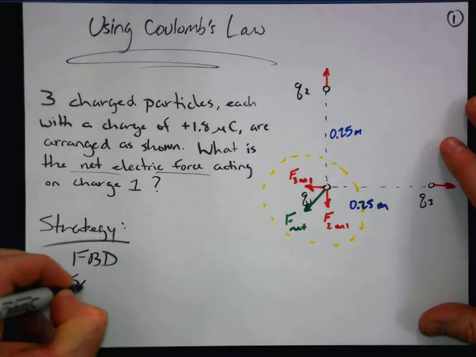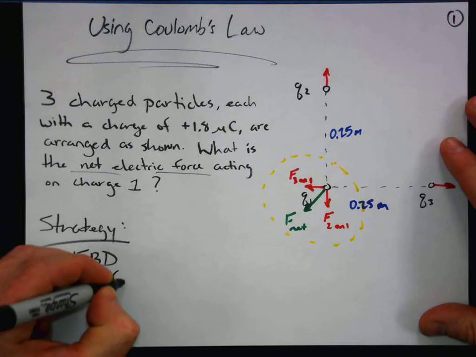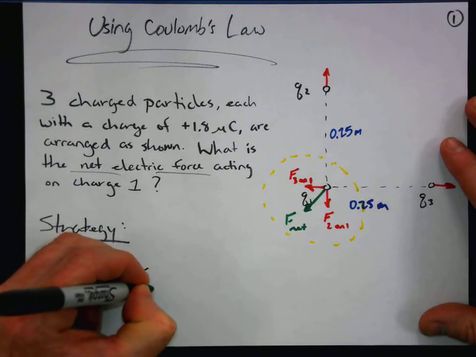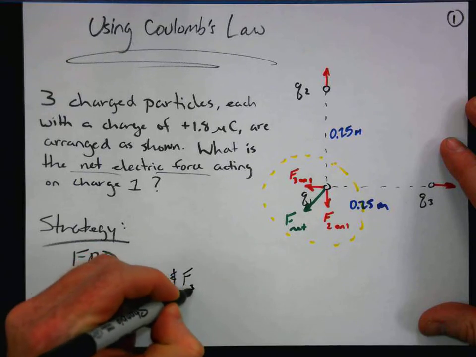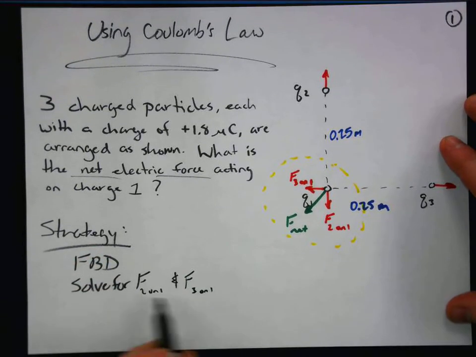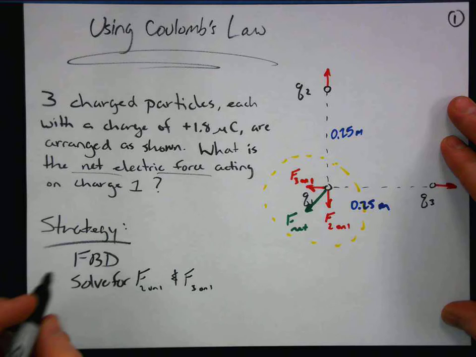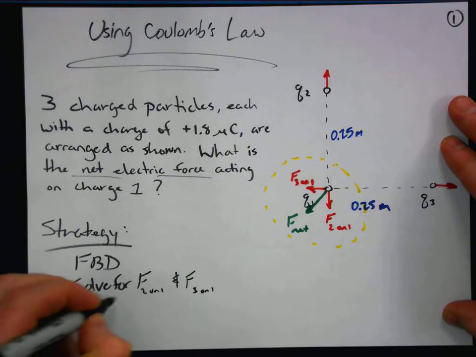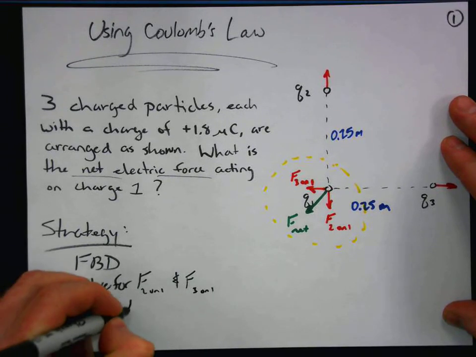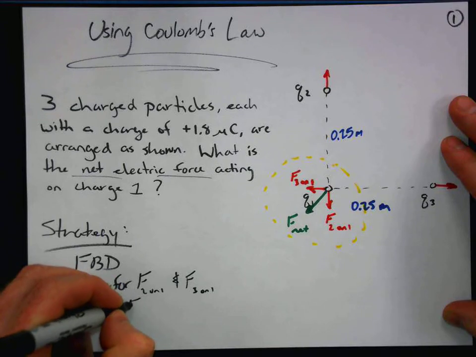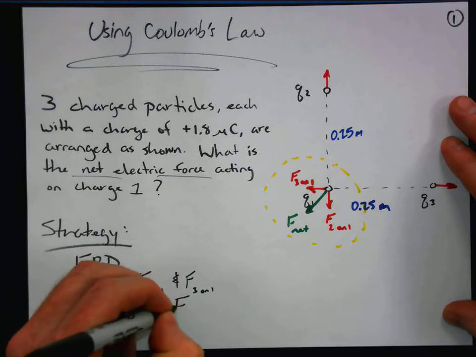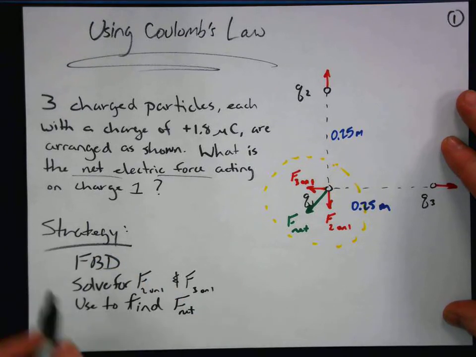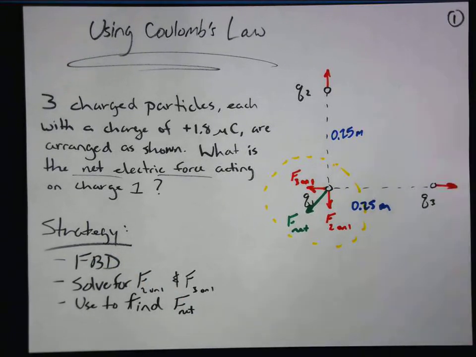So I'll solve for those two forces and then use them to find the net force, because they will be components of F net. That's what I'm going to do. Here we go.